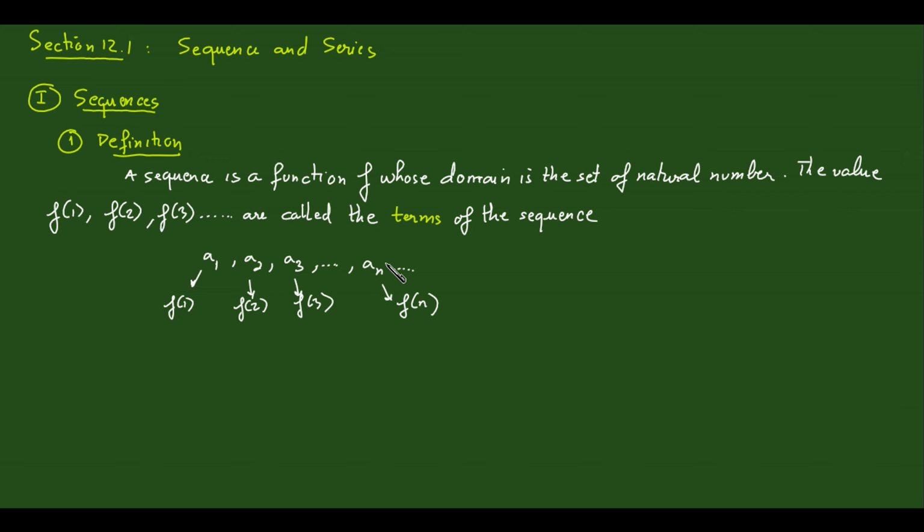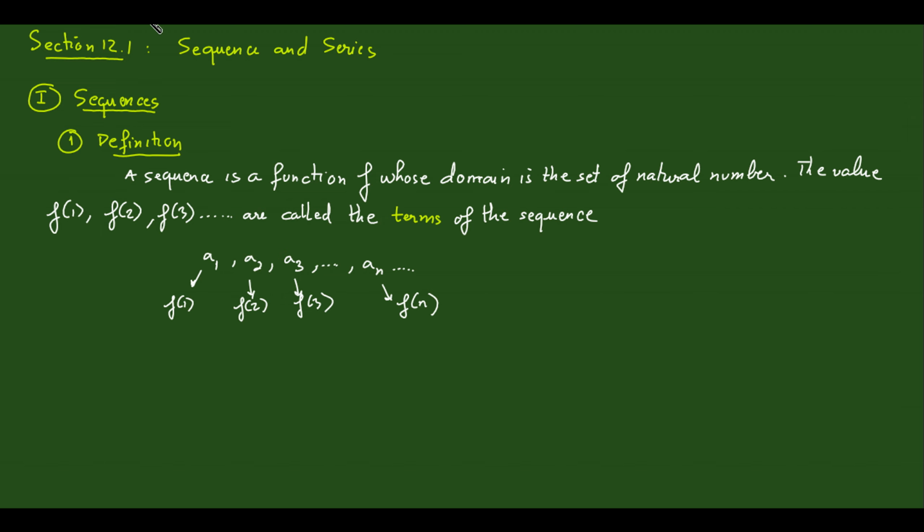Because a sequence is a list of numbers, that list could be limited or unlimited. If it is limited, we call that sequence a finite sequence.